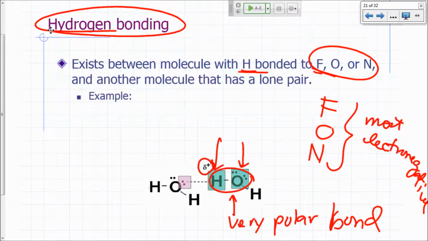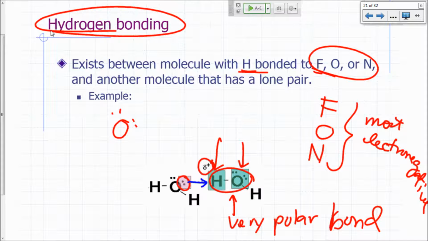So that makes it very attractive to a neighboring molecule that has a lone pair of electrons. If you have another molecule nearby with an oxygen, a nitrogen, or a fluorine, like a water molecule, the lone pair in that molecule is going to be strongly attracted to that hydrogen. That interaction is called hydrogen bonding interaction. It's significantly stronger than your London dispersion forces.